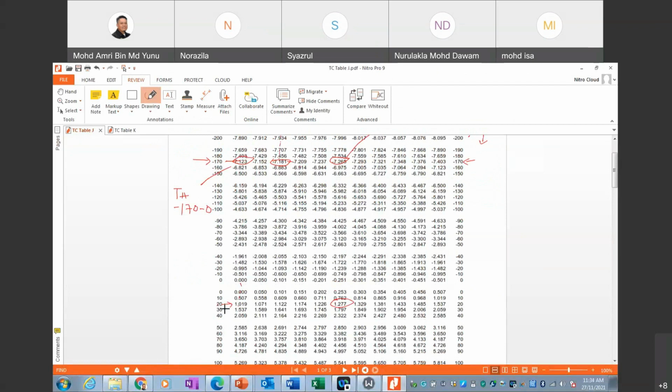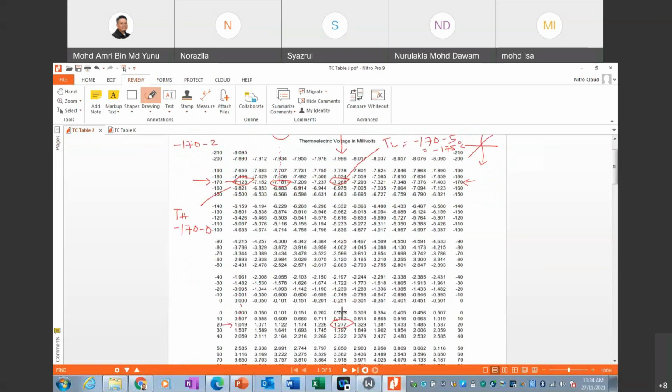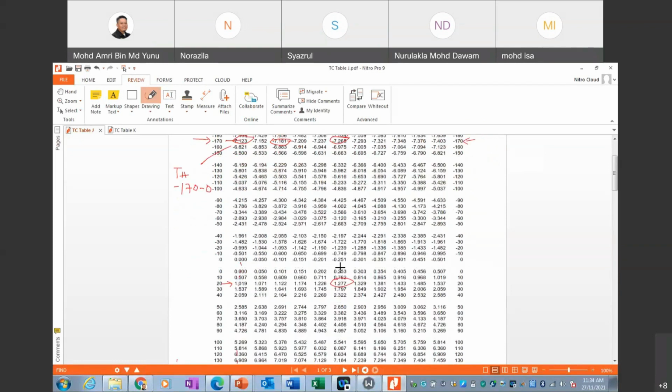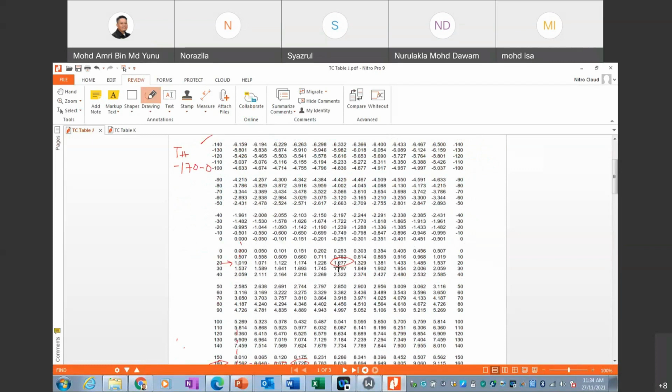Look at the table, it's 20 plus 5. So this is the correction factor value, 1.28 millivolt. We hold that value. That value represents the shift or the offset level when the reference value has increased. Are you following?